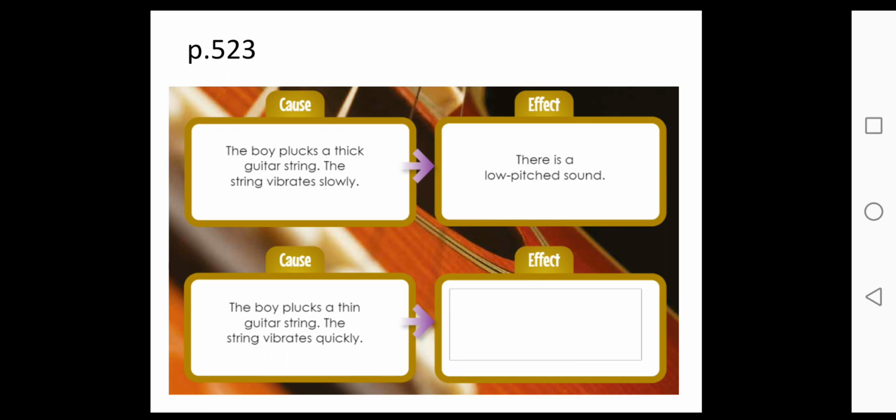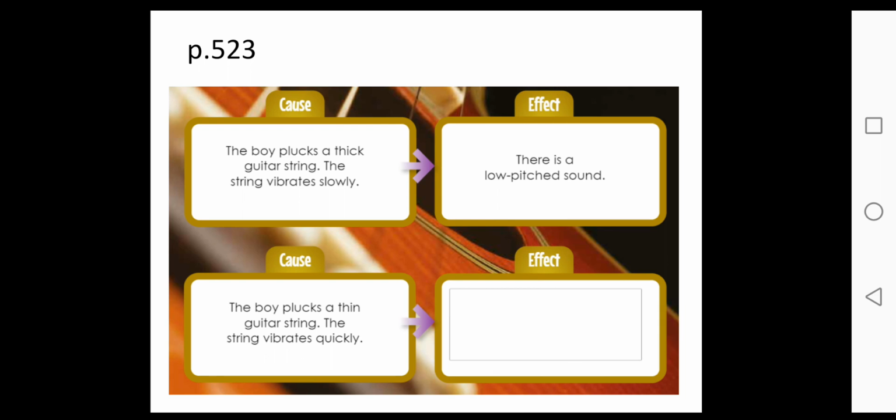What is going to happen as a result? Because the string vibrates slowly, the pitch of the sound is going to be low. Remember, slow vibration, low pitch. Okay? So there is a low pitched sound.